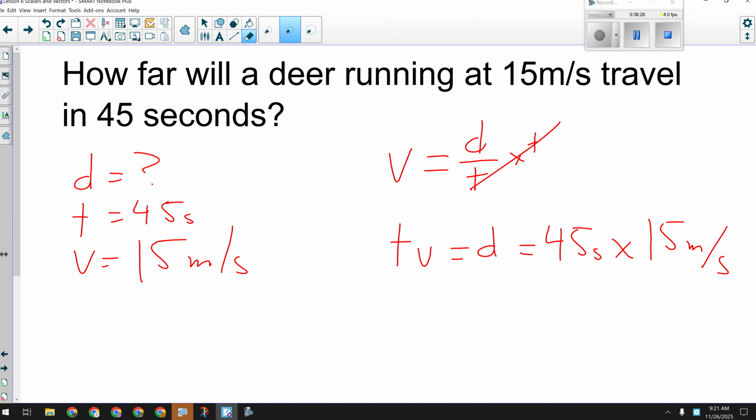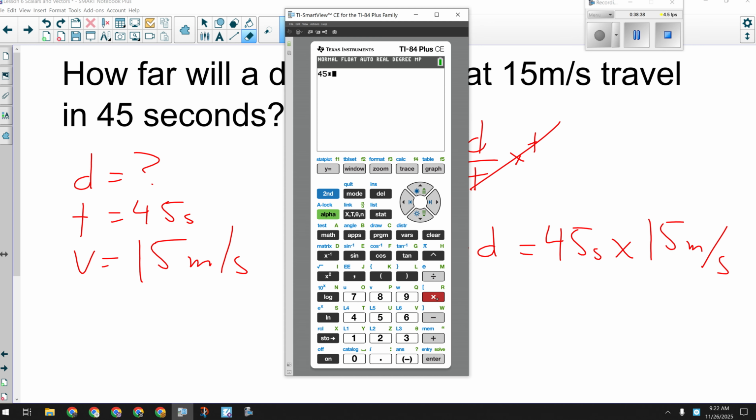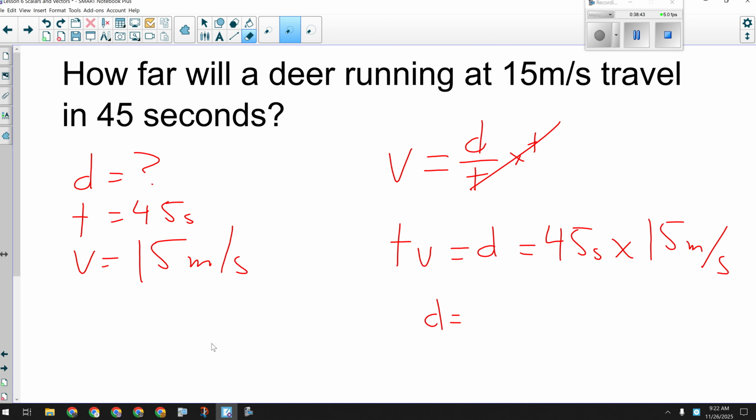What's going to happen to the seconds? They're going to cancel, and I'm going to be left with meters, which are the units for distance. Okay, distance will equal 45 times 15, 675 meters. That's really fast, by the way.